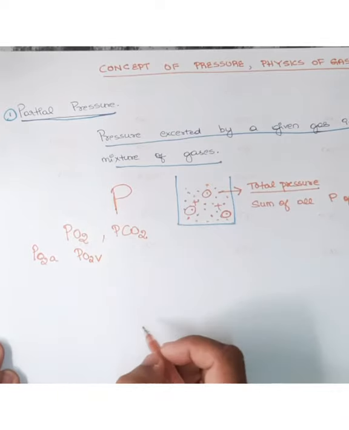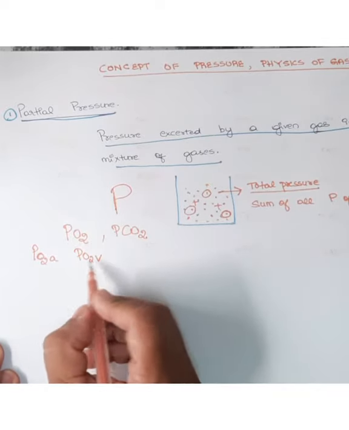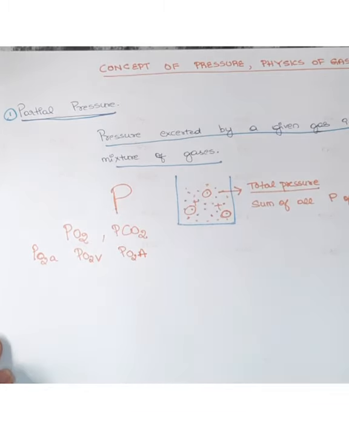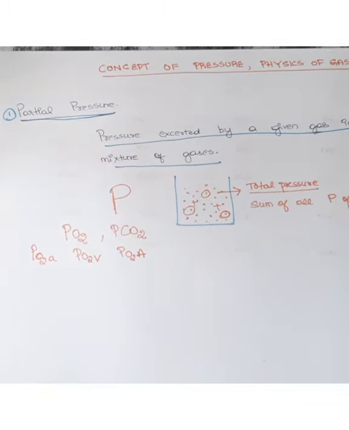PvO2 is the partial pressure of oxygen on the venous side. PAO2, with a capital A, is the partial pressure of oxygen in the alveoli, and so on.